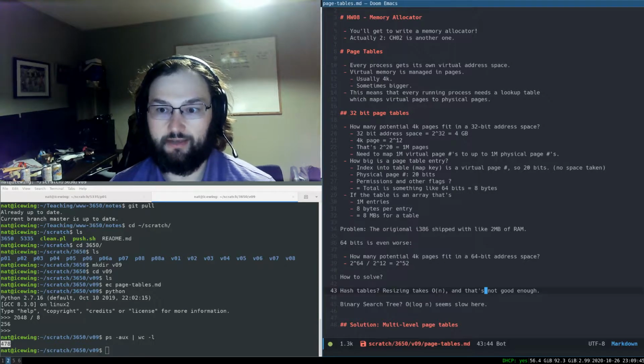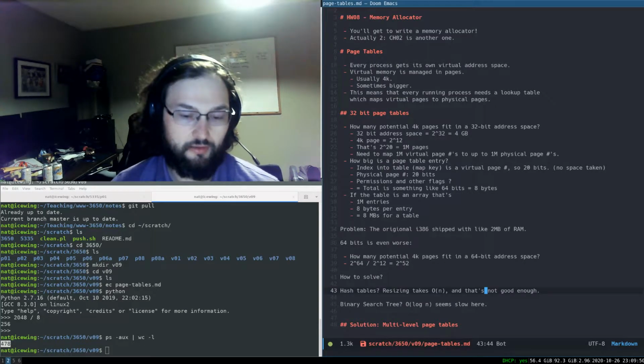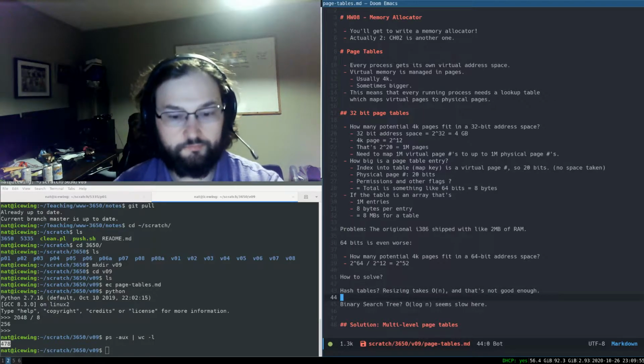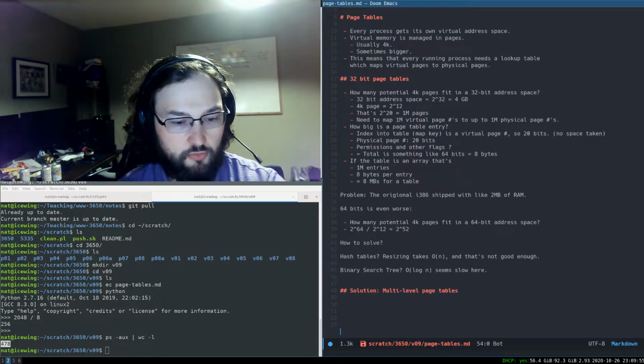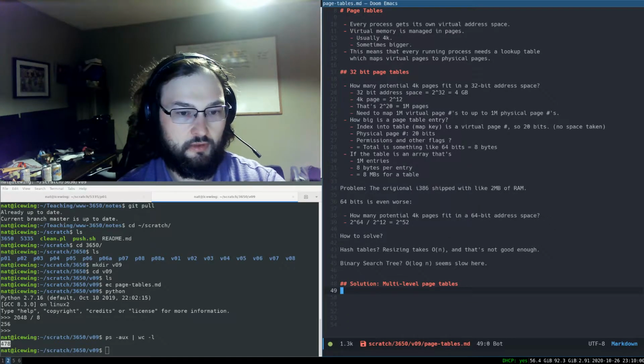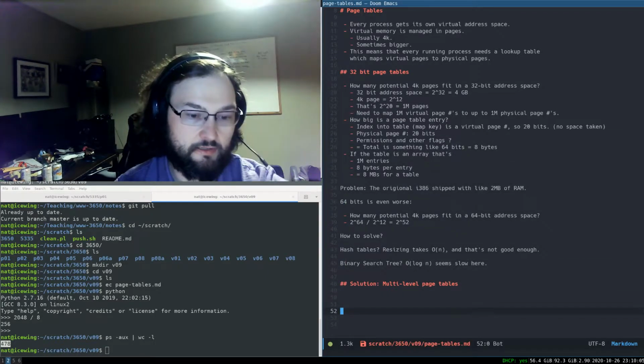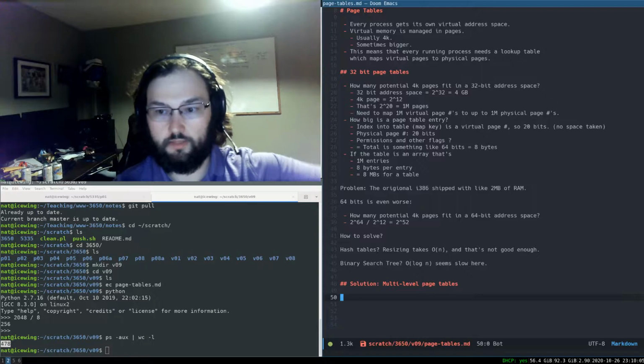We'd like to be slowing down by nothing, but log n is a little bit too much since, we know log n is 20, and that's a pretty big factor. You have to go through 20 levels of table.